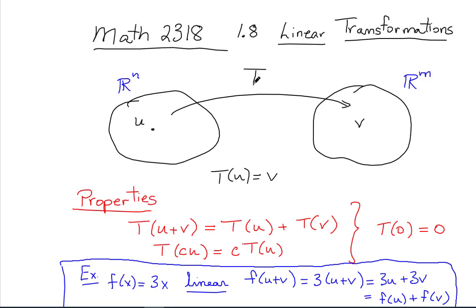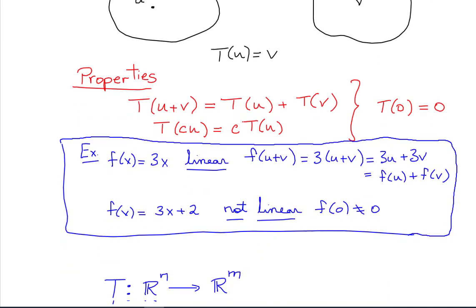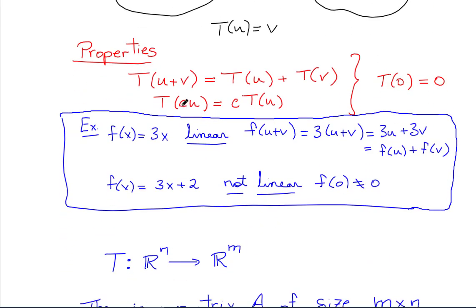Well, T is a function going from Rn into Rm. We pick a u in the domain. T of u is a v in the range. Now, to be a linear transformation, T has to have two properties.